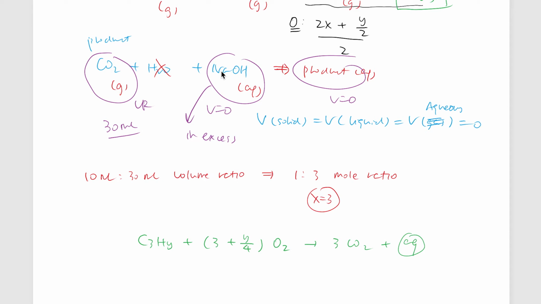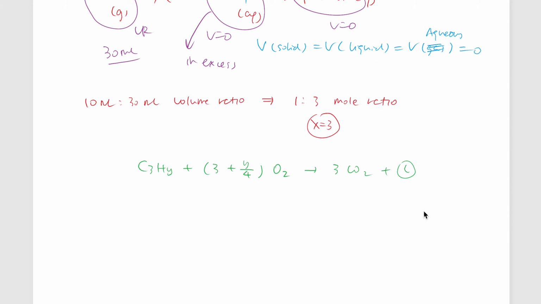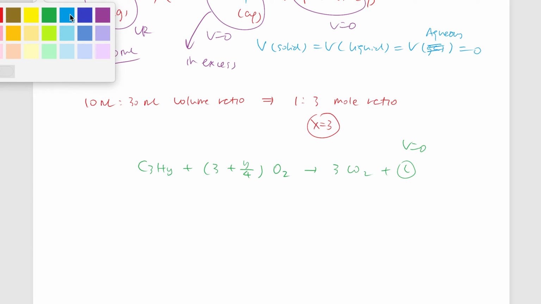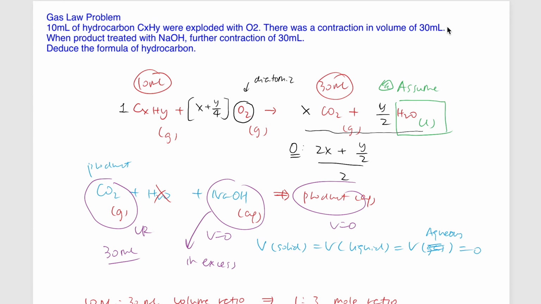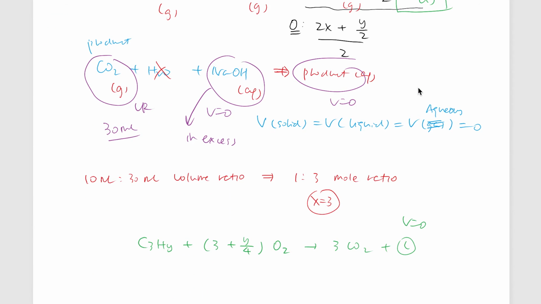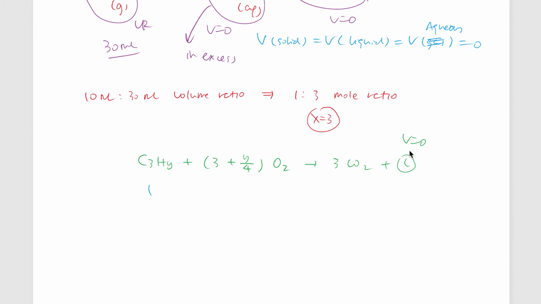We know water is a liquid, and it doesn't take any volume, so we don't really care about it. Liquid has 0 volume. They told you there's a contraction of 30 moles.